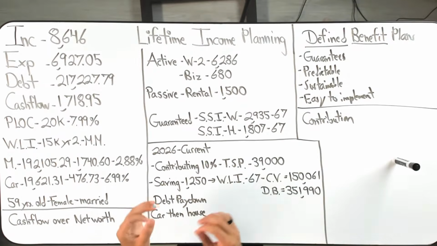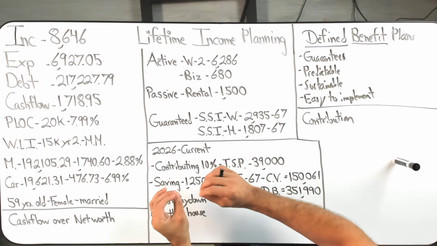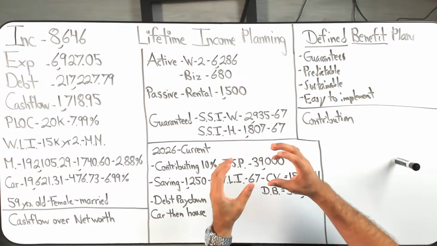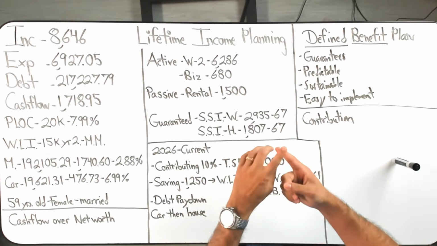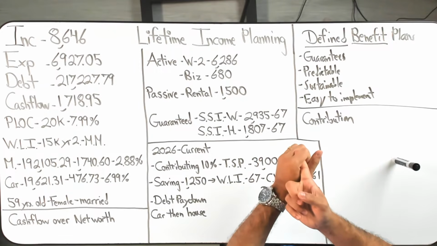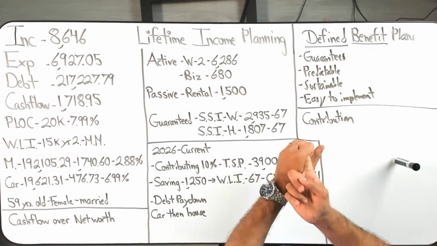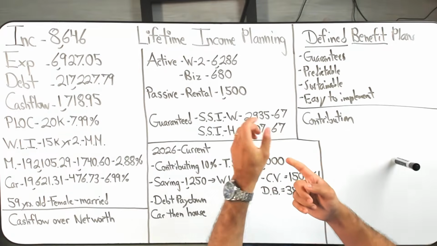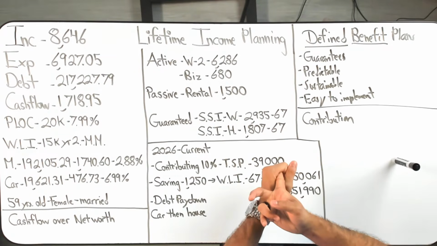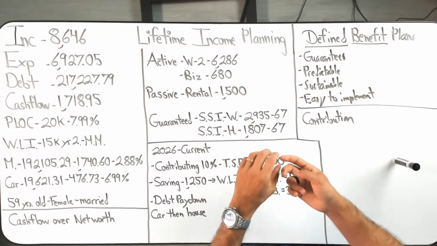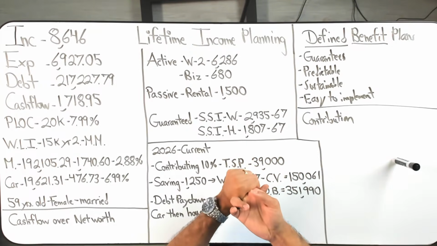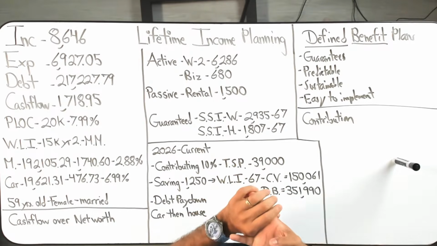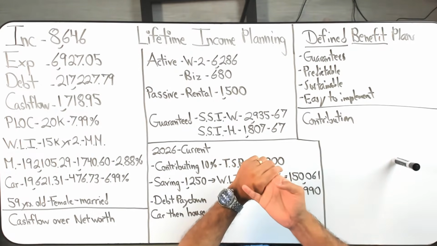And then guaranteed income is no work, and it comes from two places: some sort of a welfare program that the government provides, Social Security, right, as a form of welfare, VA benefits, or disability income, right?